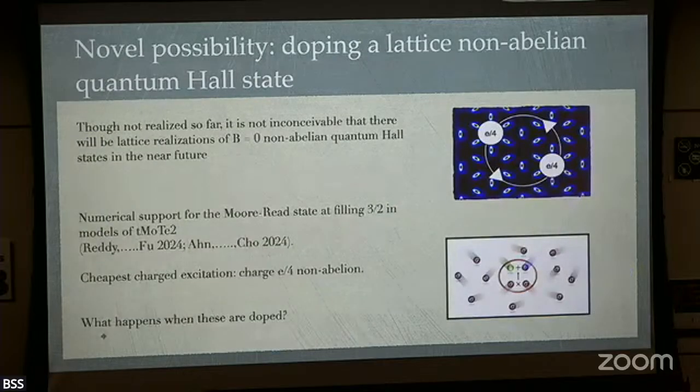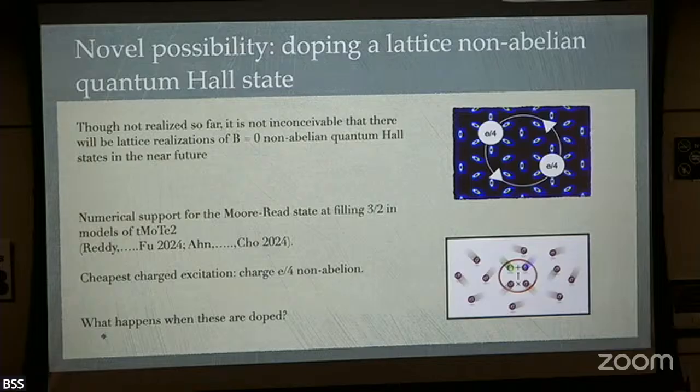I don't have time to talk about non-abelians. These have not been seen in experiments so far in Moiré systems at 0 field. But, again, I'll point to Aidan, who says that maybe you will see them. I believe Aidan all the time. But then it's just a fun theoretical question to ask what happens when you dope a non-abelian quantum Hall state.